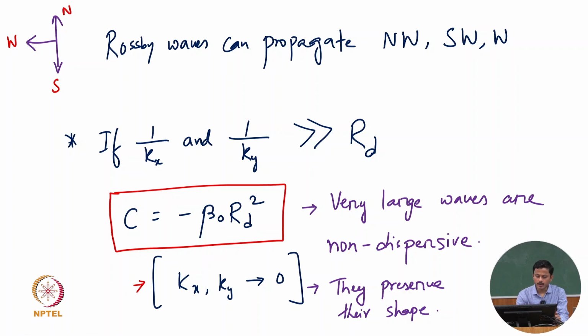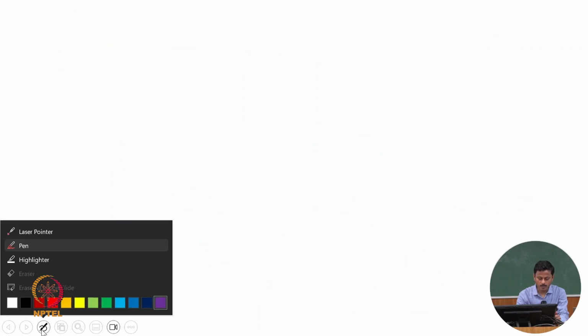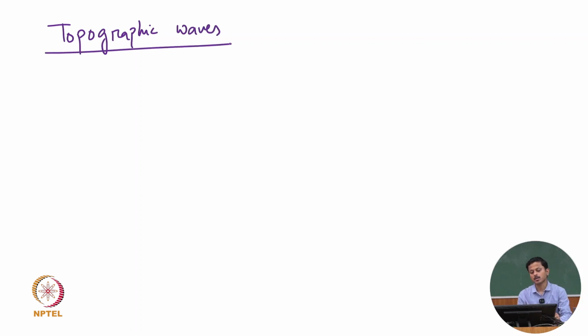Now we'll get to an interesting kind of waves called topographic waves, and this is also a barotropic wave, meaning it does not depend on the vertical structure of the stratification. The reason why we are doing this is also because this is similar to the Rossby waves, and we'll show how both of these have similar mechanisms for formation.